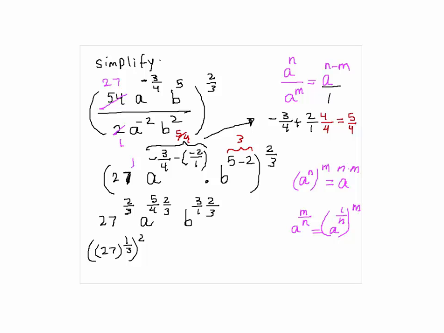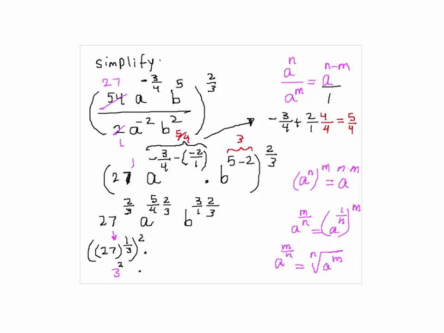Okay, and if you remember, a to the power of m over n is equal to the nth root of a to the power of m. So in this case, this would be the third root of 27. So it would be 3. And then you raise it to the power of 2. That becomes 9.